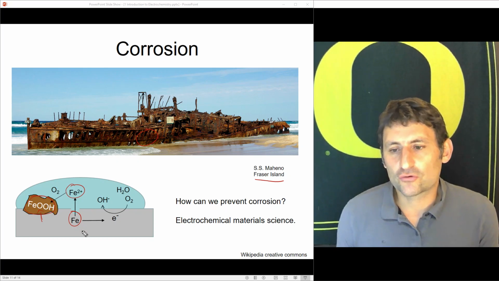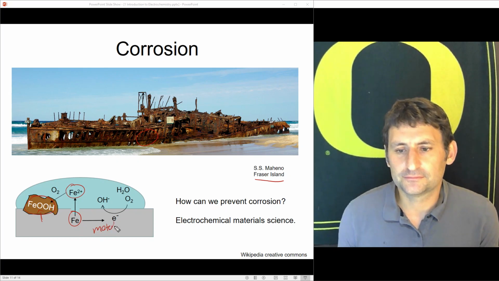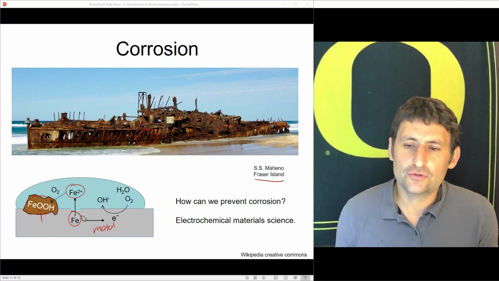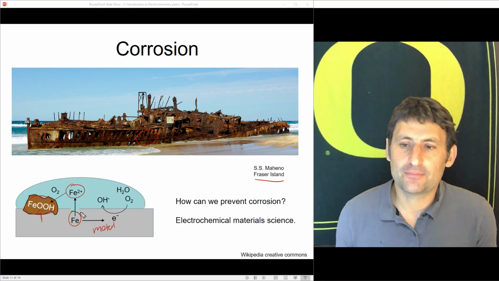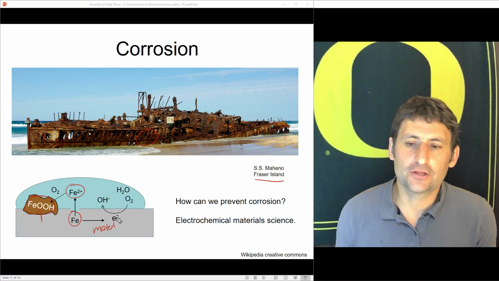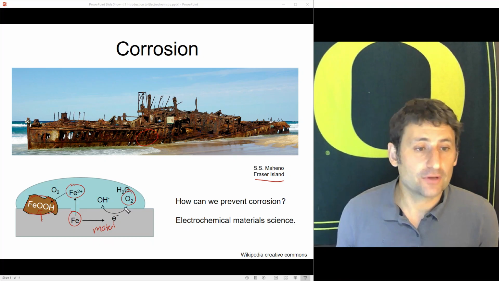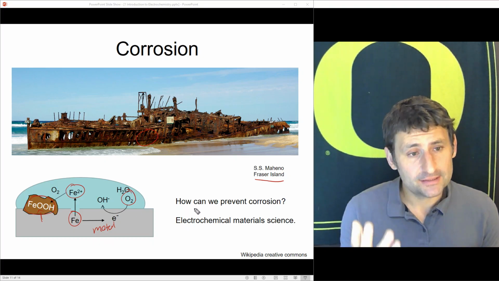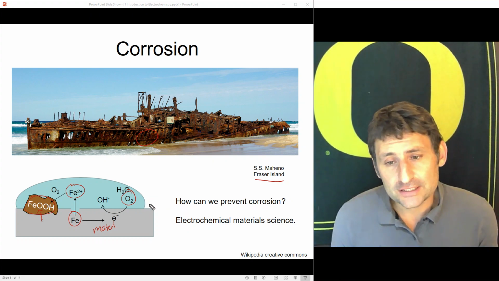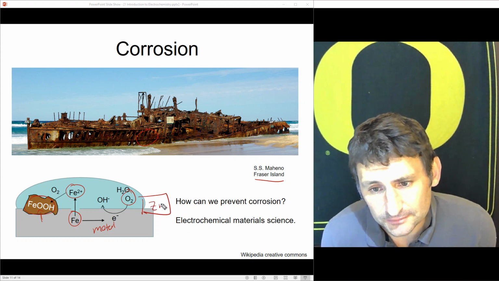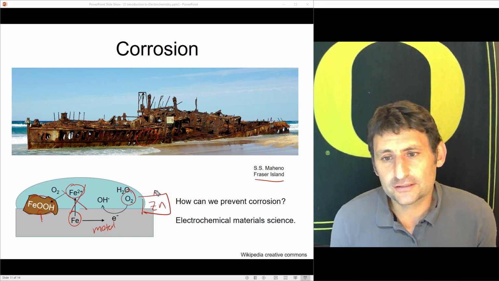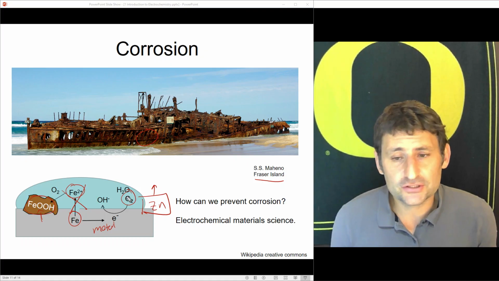Now, the interesting thing about corrosion is because this is a metal that conducts electrons, the electrons that come from the iron don't need to react with, for example, oxygen at that site. They can move to another part of the metal and react with oxygen. Why this is interesting is because what Humphry Davy showed is if I put a piece of zinc here, I can prevent this from happening because I can take the electrons. So the oxygen is what is eventually doing the oxidation, right?